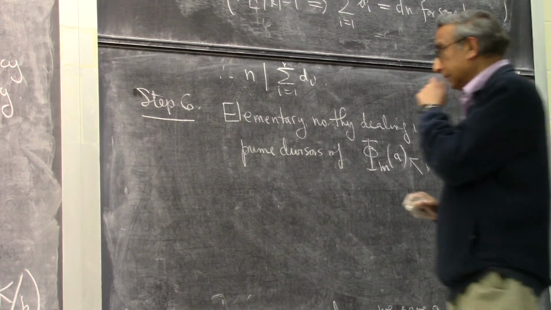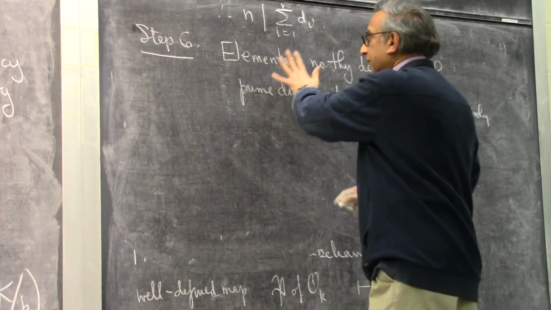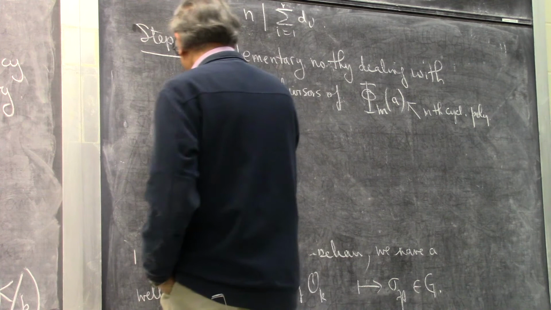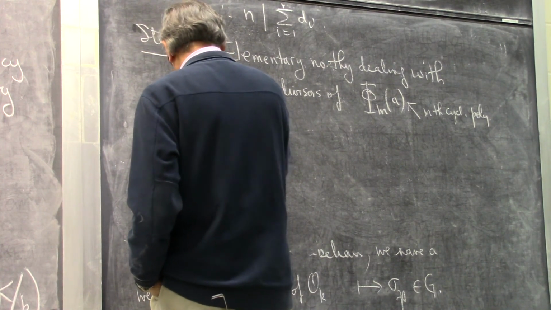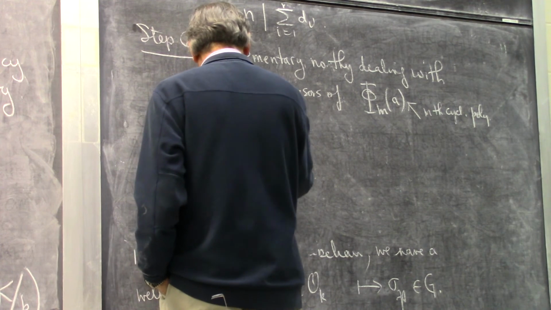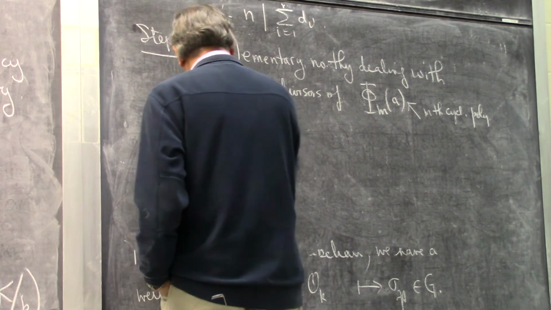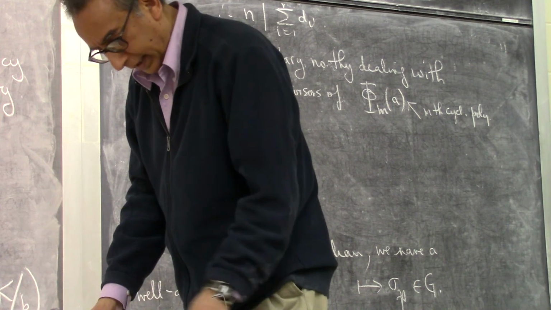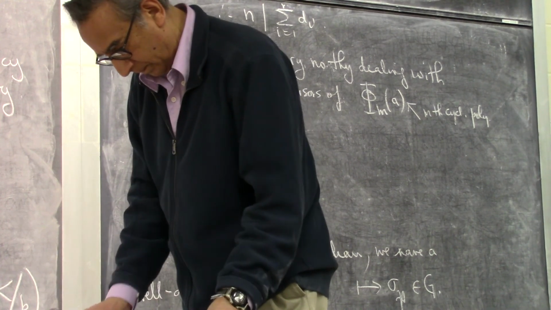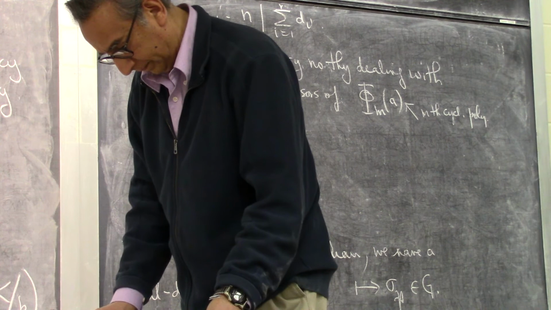And out of that, so this is very elementary number theory, you get what's called Artin's lemma, which allows you to construct an extension. Let me write that down.